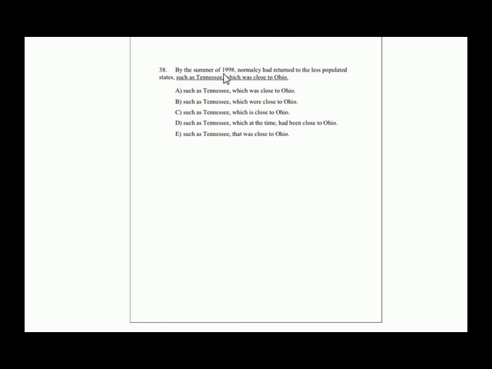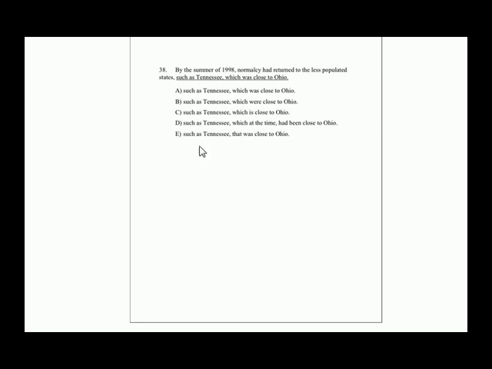By the summer of 1998, normalcy had returned to the less populated states such as Tennessee, which was close to Ohio. This sentence as it stands seems to be correct. There are no obvious errors here. So let's look at the answer choices.